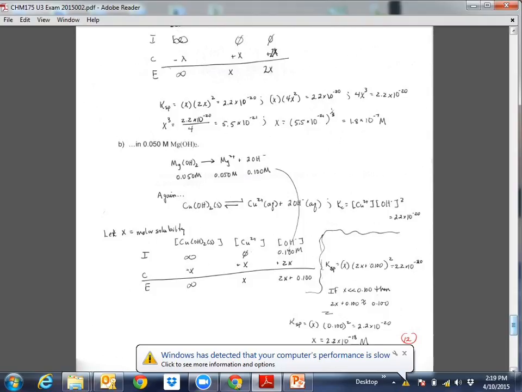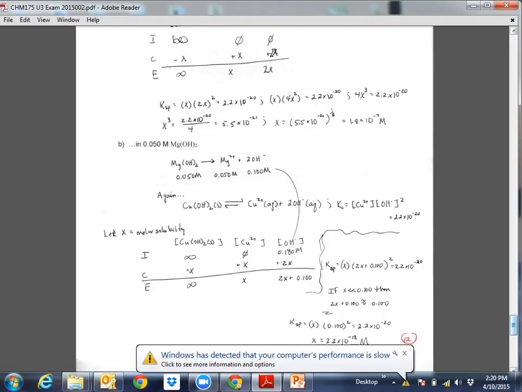So if we apply the simplifying assumption that we talked about in class, and we will be talking about another simplifying assumption with acids and bases coming up, the fact that if x is pretty small compared to 0.100, then basically this term right here becomes 0.100. And so then our KSP expression becomes this.